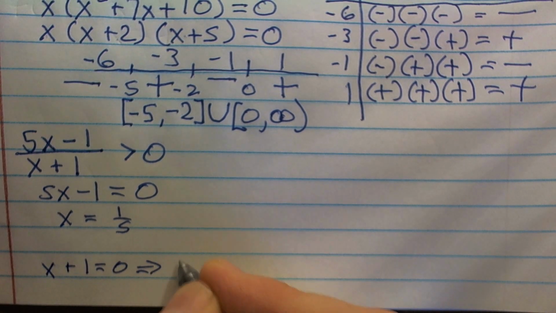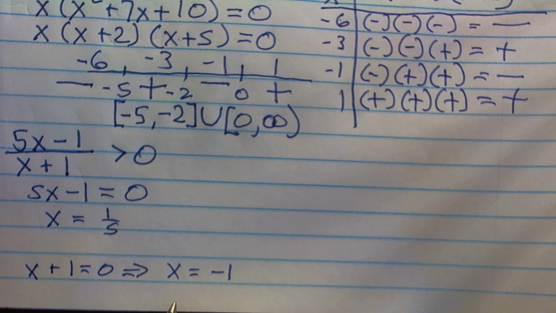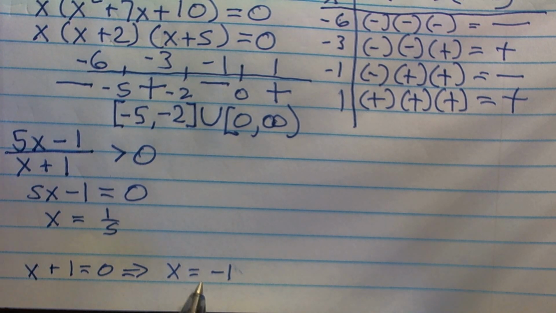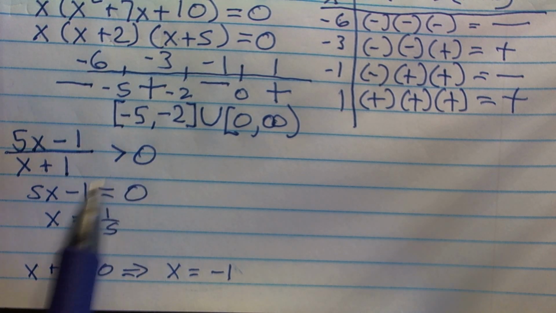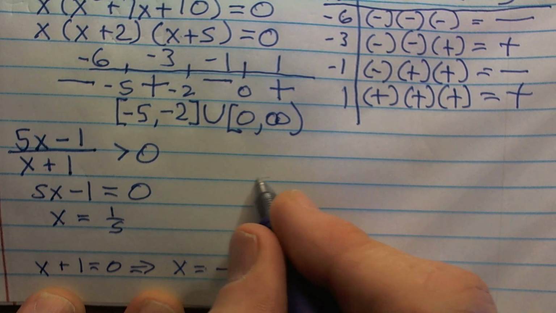So I get x equals negative 1. Now, you have to be careful. Never include this as part of your solution, because that will make the denominator undefined. So we have to be careful. Now, we don't really in this case, because this is just strictly greater than 0. We're never going to include the endpoints anyway, but you have to be careful of that.